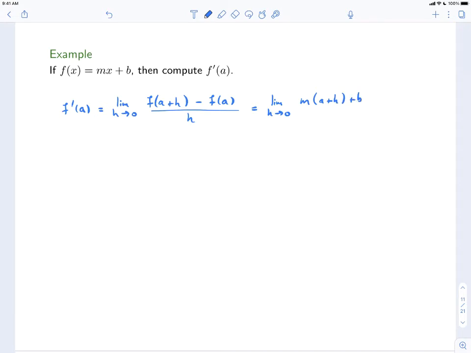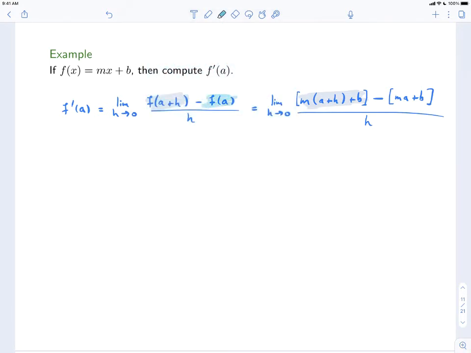And from this, we're going to subtract f of a. So that's just f of a, you just take the x and replace it with a. So it's just going to be m times a plus b. Notice my use of brackets here. I don't want to lose any minus signs. So this f of a plus h is this term right here.